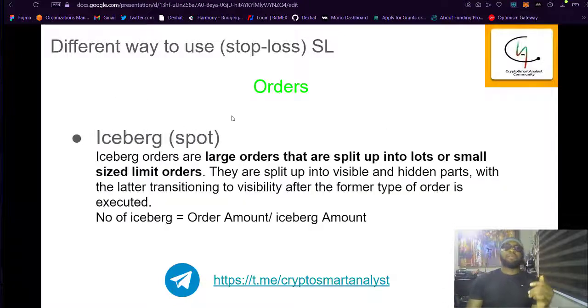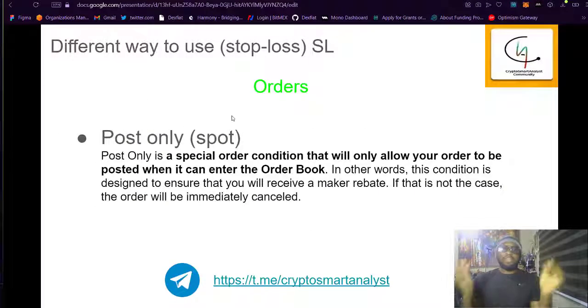So what is post only? Post only is a special order condition that only allows your order to be posted when it can enter the order book and be executed. In the case where your order cannot be posted, it's immediately cancelled.